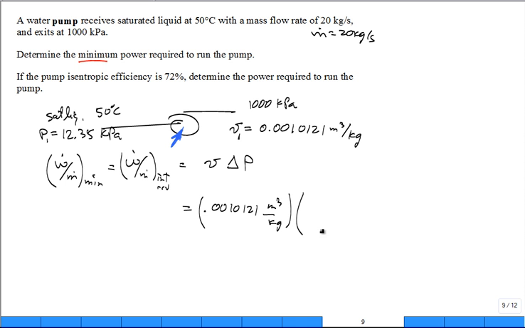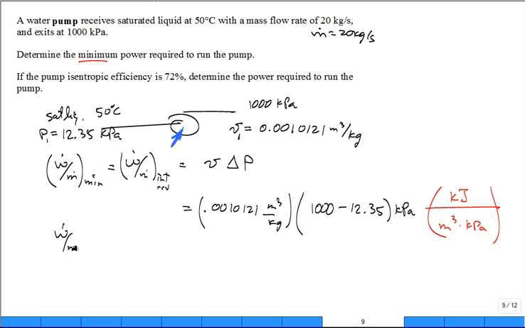The change in pressure is 1,000 minus 12.35 kilopascal. I recall the unit conversion that a meter cubed times a kilopascal is a kilojoule. True? And we find that W dot per m dot, the minimum, is right at... well, I also wanted to calculate the minimum power, sorry.